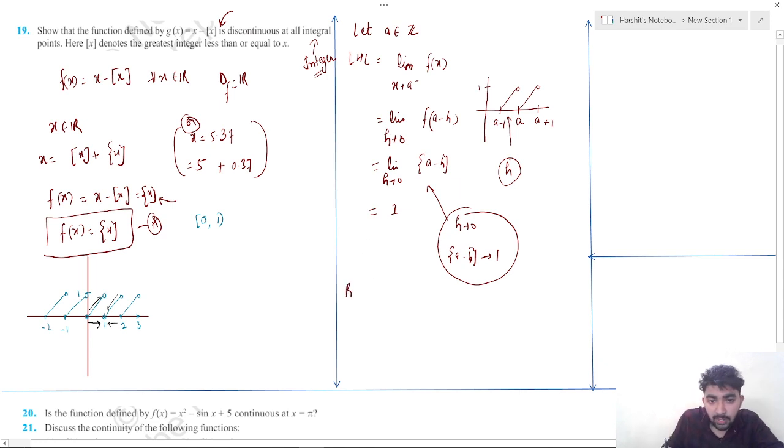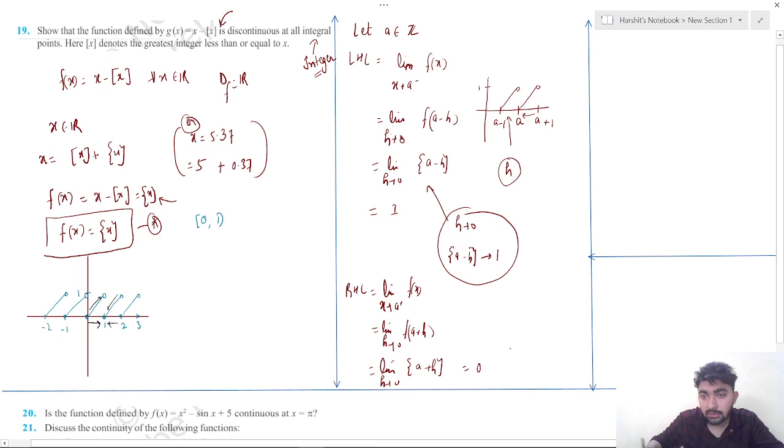And what will the RHL be? RHL is limit x tends to a positive f of x, which is limit h tends to 0 f of a plus h, that is the fractional part of a plus h, and what will we get? We will get 0 from here. Why? Because if x is moving towards a from the right hand side, f of x is moving towards 0.